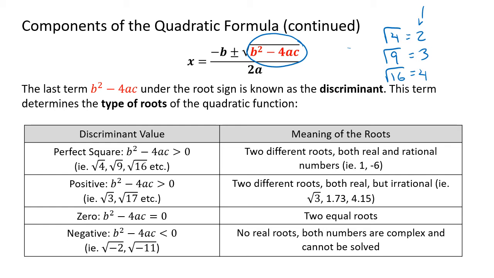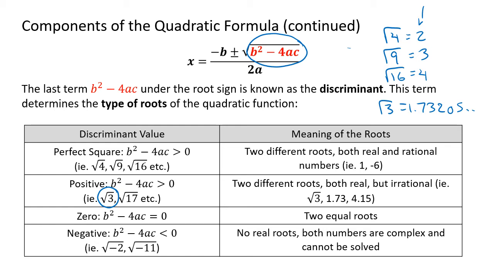The second option is that the value is positive, but it's not a perfect square. So the example of that would be the square root of 3 or the square root of 17, any of those numbers. For example, the square root of 3 is 1.73205. It keeps on going and going and going.